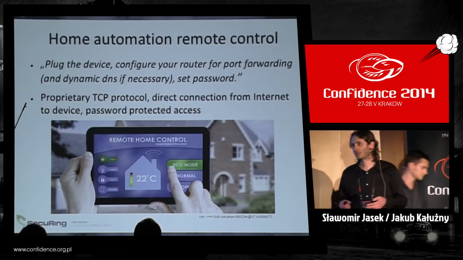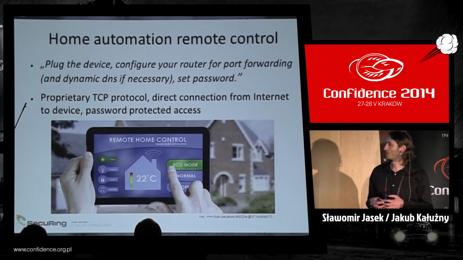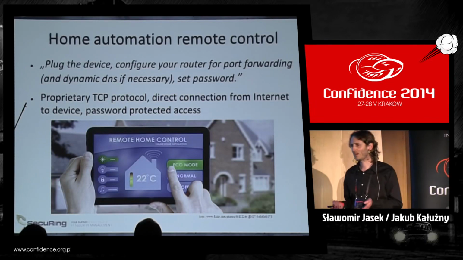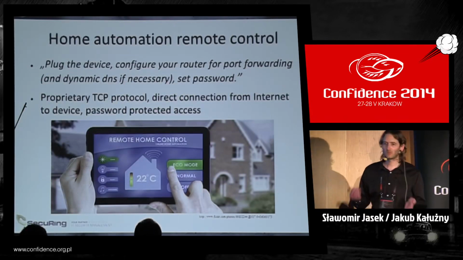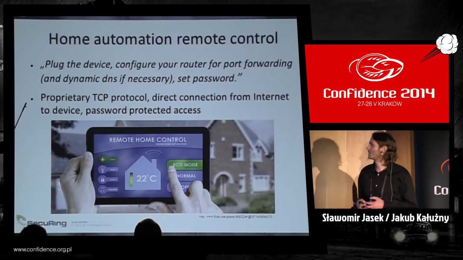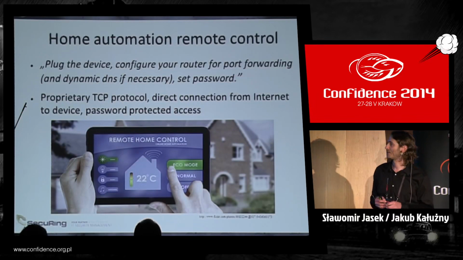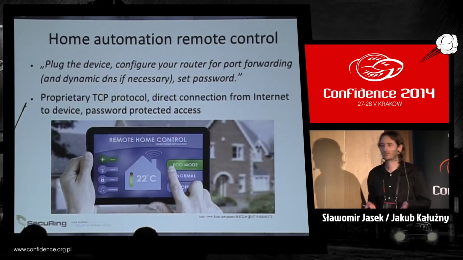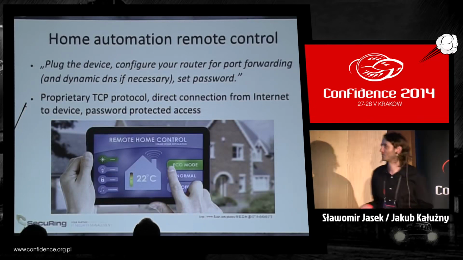You get an appliance from the vendor, you install it in your home automation network, and the other plug to your router, and connect it directly from the internet by port forwarding. And you set the password as an access control.